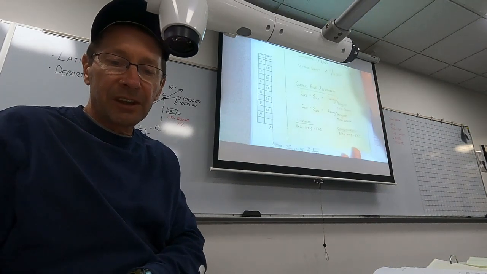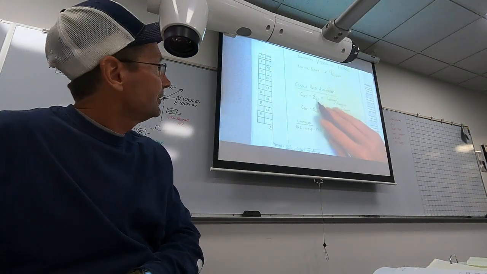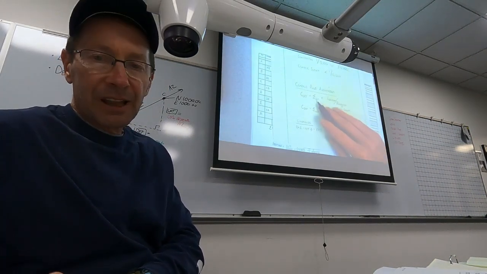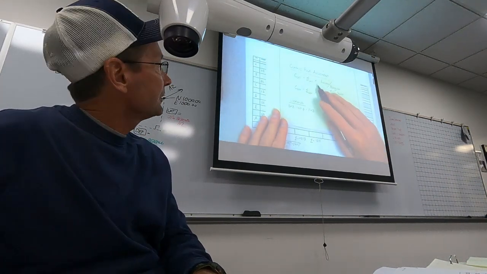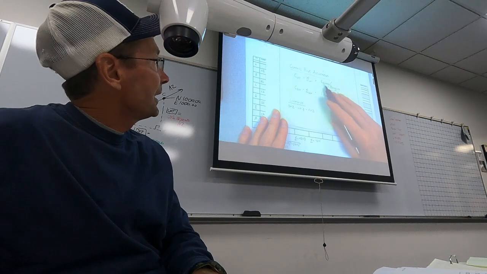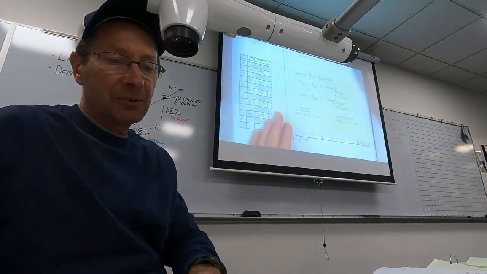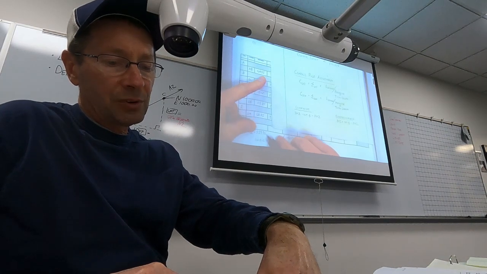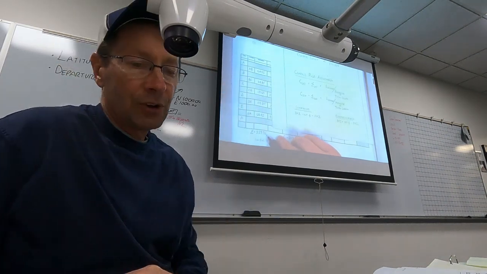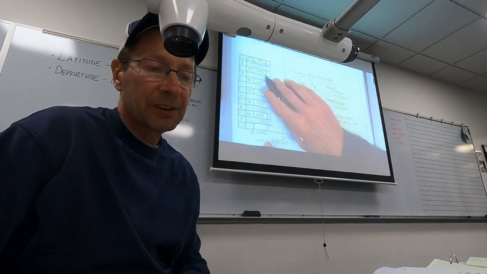What does it say to do? It says we take the sum of the latitudes, this 0.13, and multiply it by the length of the segment divided by the total length. So in your calculators, real quick, let's do this.